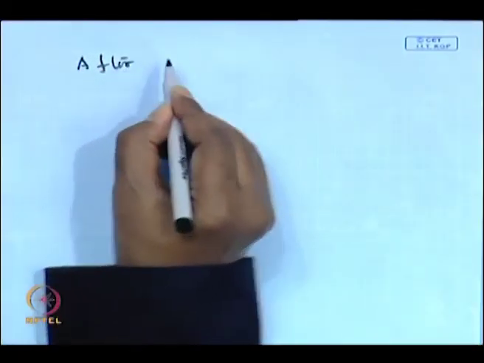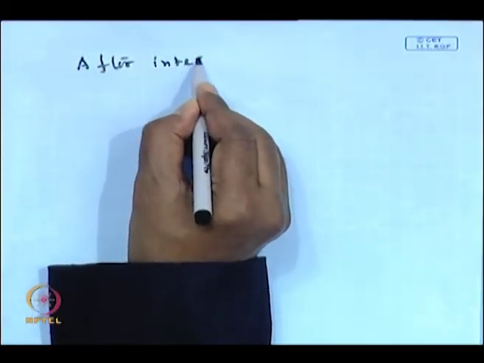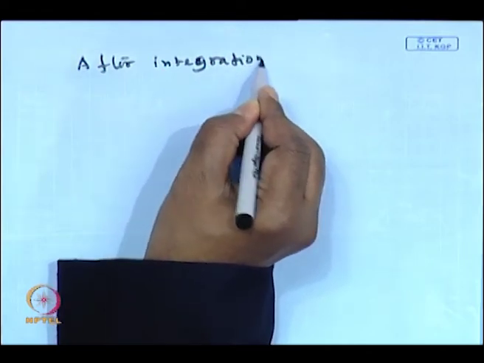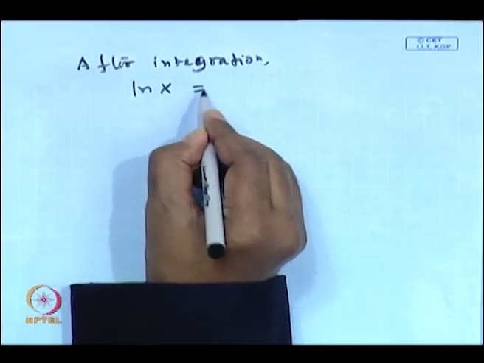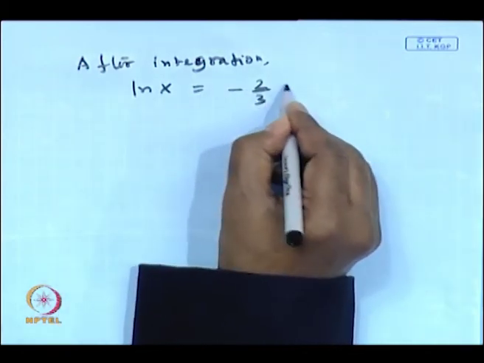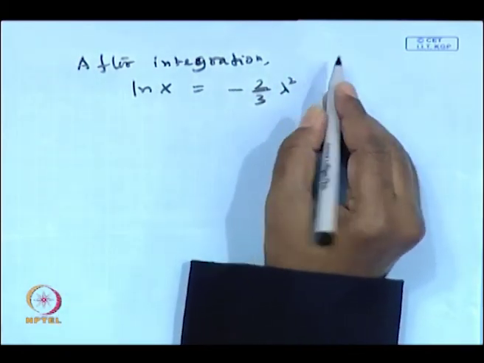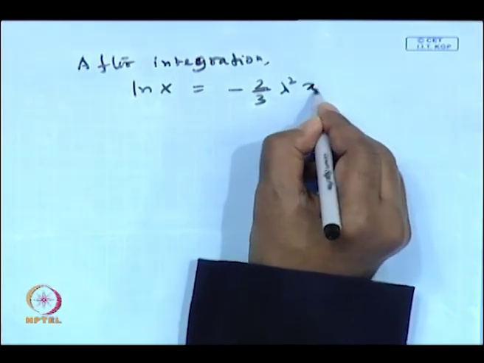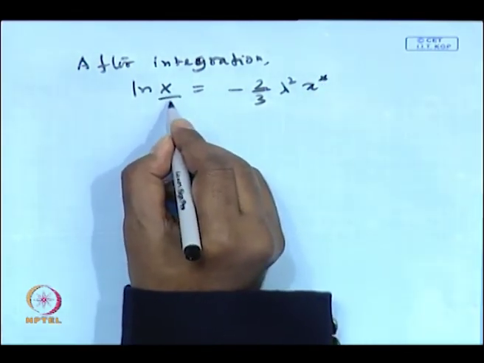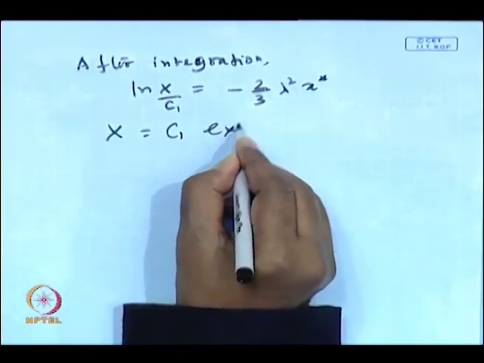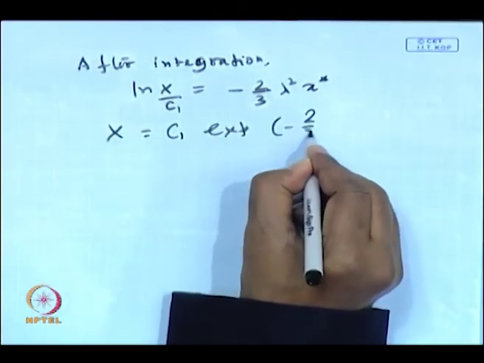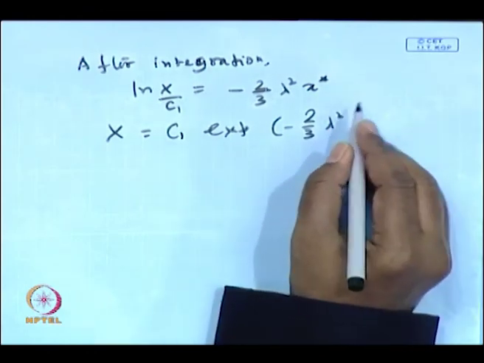So after integration, you will get log of x is nothing but minus 2 by 3 lambda square x star, and there will be some constant c1, so x becomes some constant c1 times exponential of minus 2 by 3 lambda square x star.